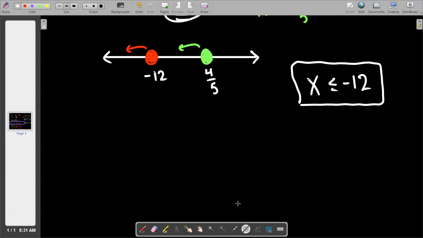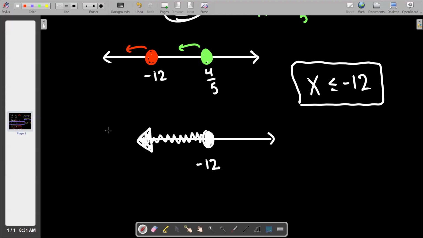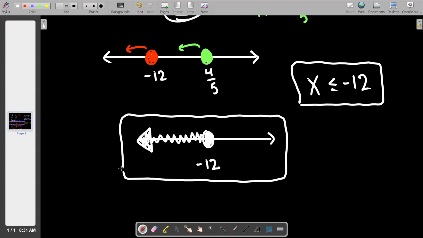So the answer is a nice little old school, simple algebra 1 looking situation where all I need is negative 12, right? With a closed circle, shading to the left, and I'm done. So the answers to this problem are the things in the white boxes. Anything else on the board was just the work to get there. That feel good? That's awesome.